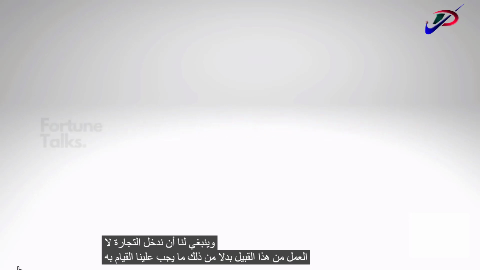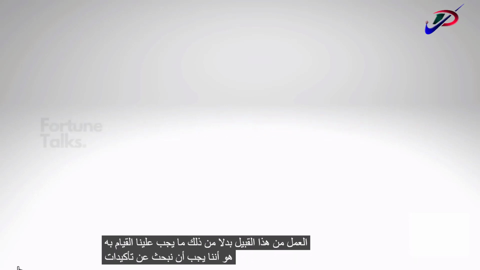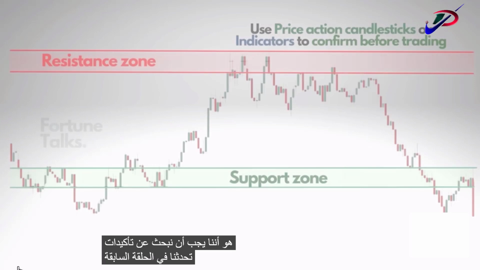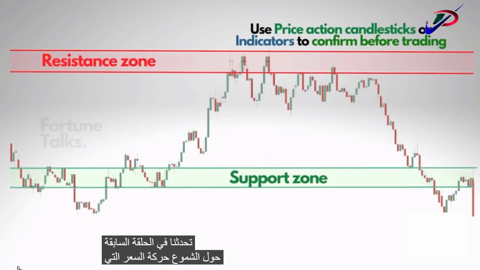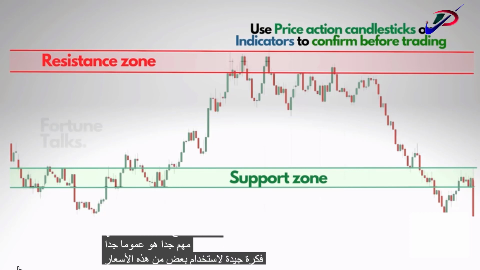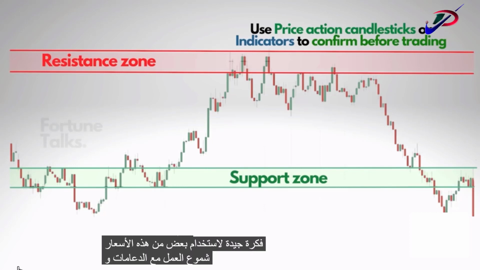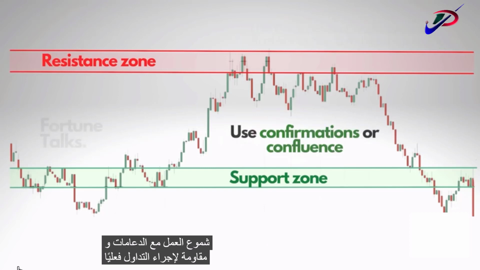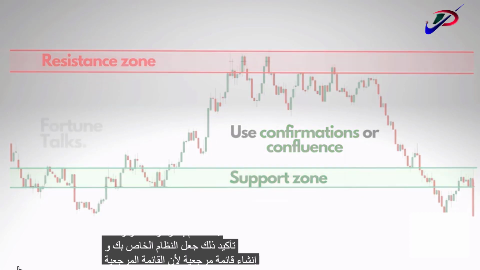Instead, what we should do is look for confirmations. In the previous episode, we talked about price action candles, which are very important. It is generally a very good idea to use some of these price action candles along with the support and resistance to actually make a trading system. That is a confluence trading system, which is much more efficient than using a single indication or a single confirmation. So make your own system and create a checklist, because the checklist has another advantage.